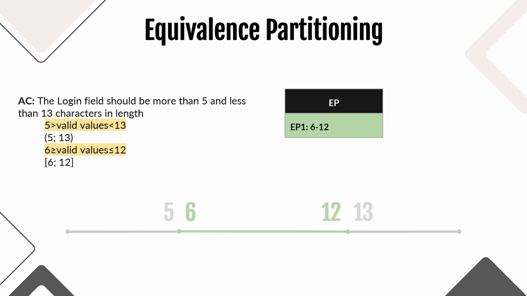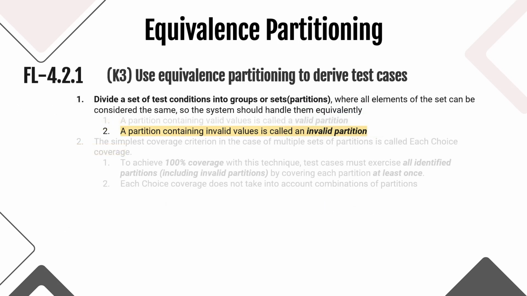After all, it depends on them whether you will be able to answer the questions correctly. In our case, the minimum valid value is 6, and the maximum valid value is 12. This is the most important step. If you incorrectly determine the minimum and maximum value of a valid partition, then all your subsequent efforts will be in vain.